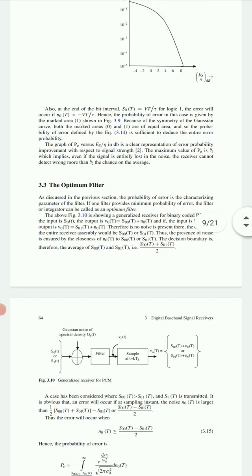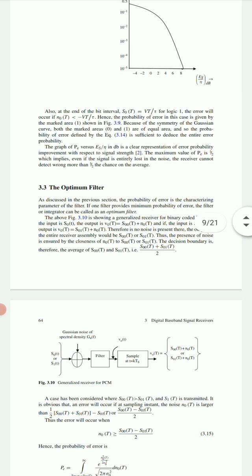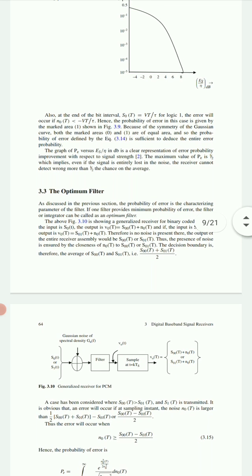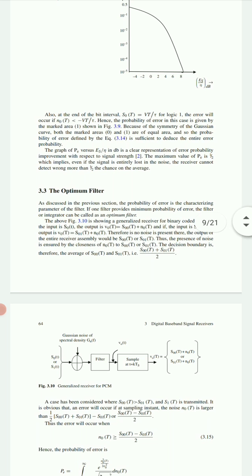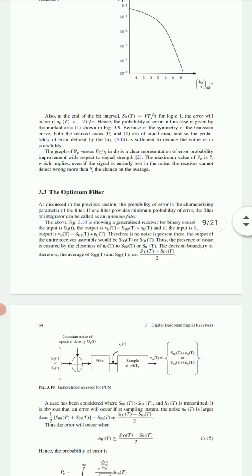Now here we are supposed to study the optimum filter. The integrate and dump circuit will emphasize the signal output in comparison with the noise voltage.